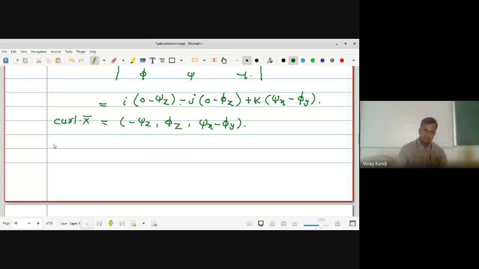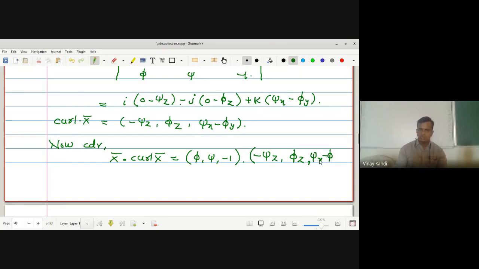Now consider x bar dot curl x bar, which is equal to, what is x bar? Phi, psi and minus 1, dot curl x bar, which is minus psi z, phi z, and psi x minus phi y.